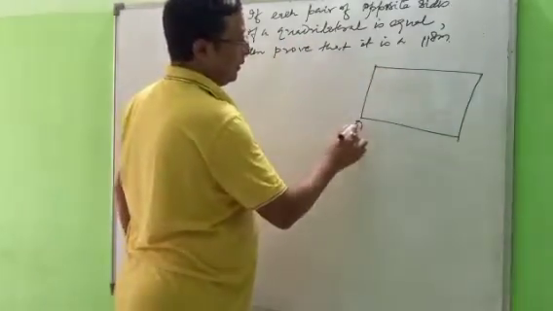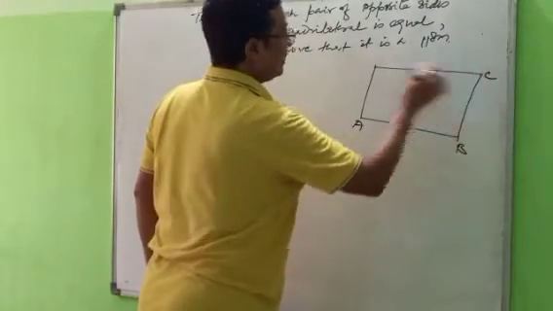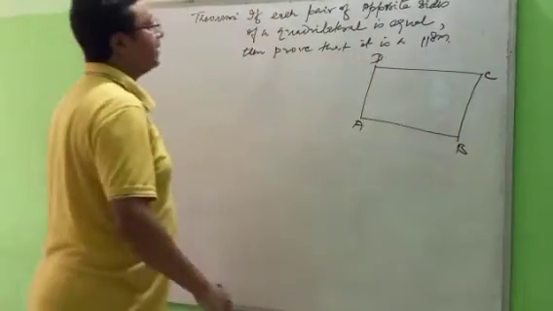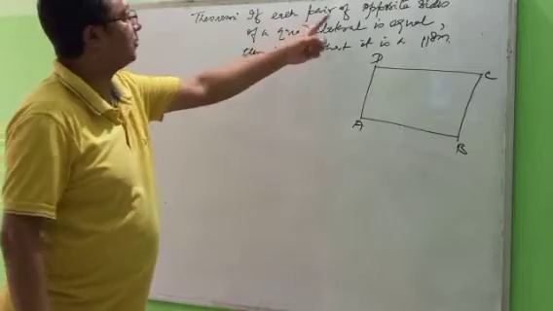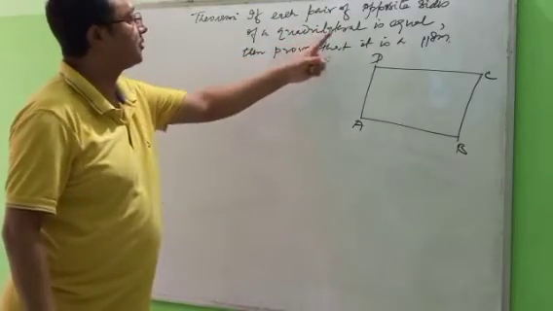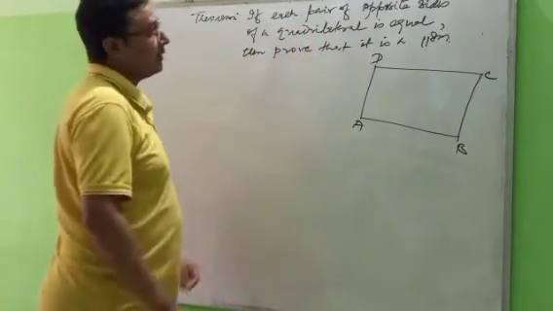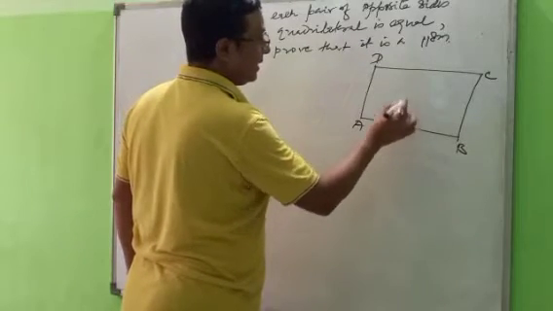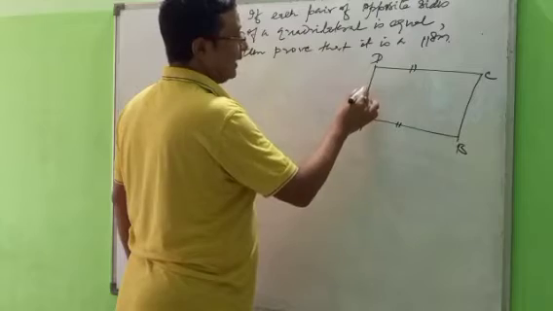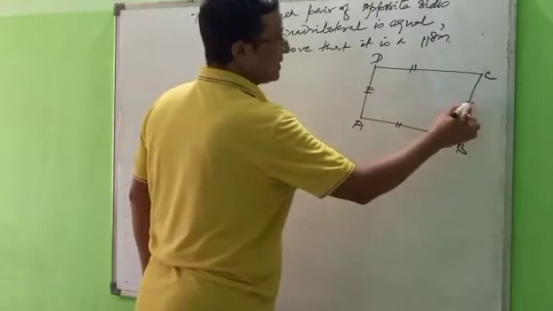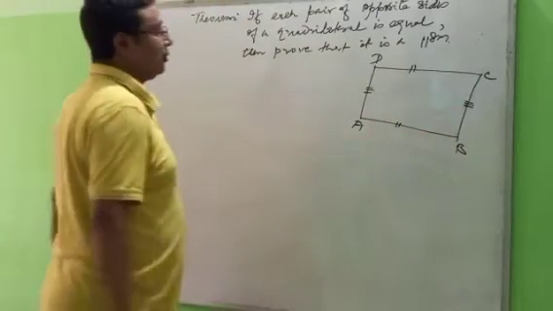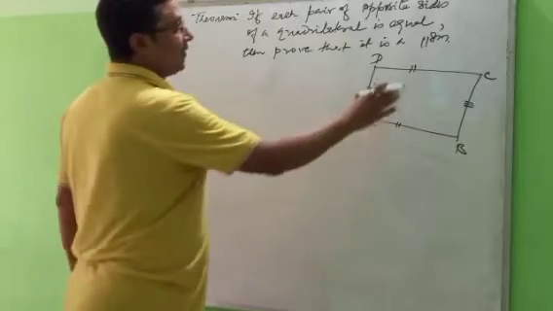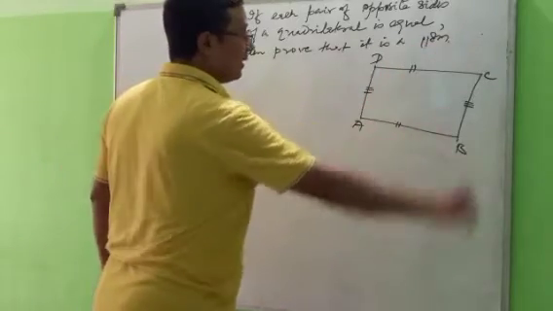So A, B, C, D. They have given that each pair of opposite sides is equal: AB equals DC and AD equals BC. Now you are to prove that the given figure is a parallelogram.